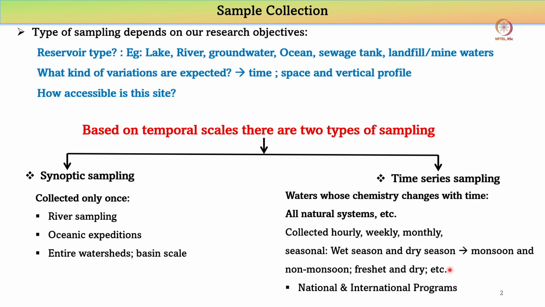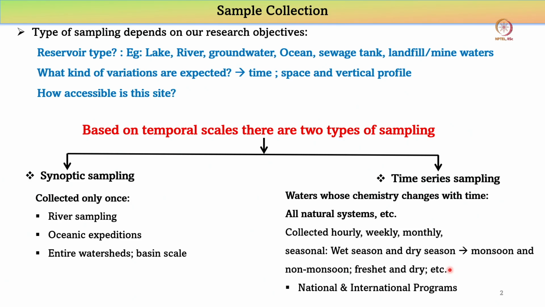Okay. So the resolution is highly variable, from a few minutes to months, and the repeatability of collection, of taking the sample at every repeated interval, is what we call maintaining a series. Okay, so that is the time series sampling.